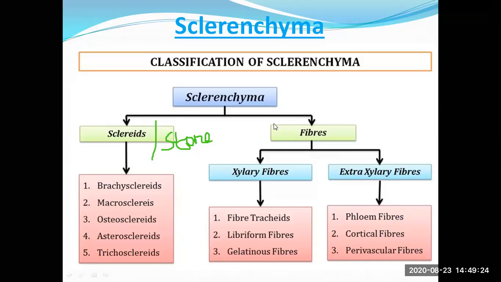Again, these sclereids or stone cells are classified into different types.